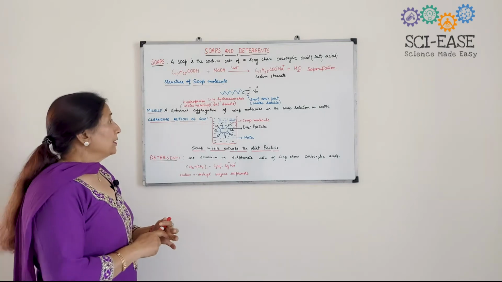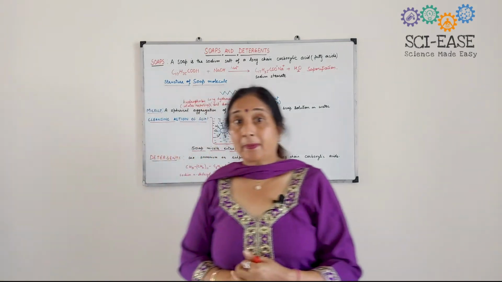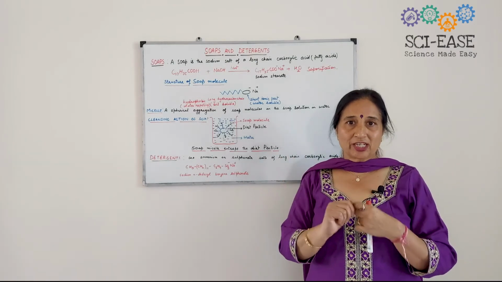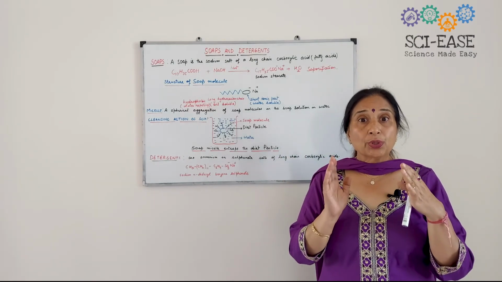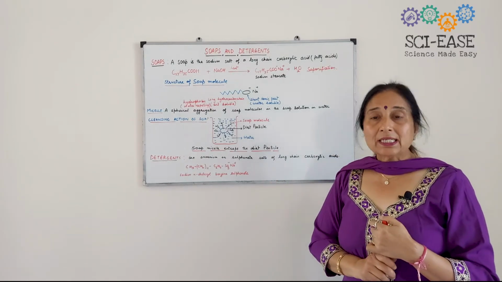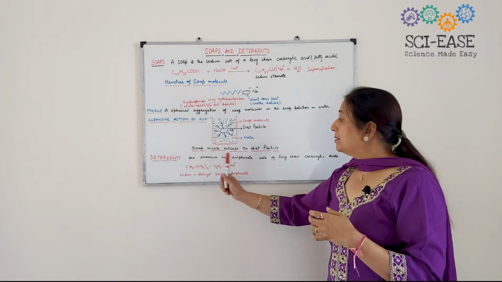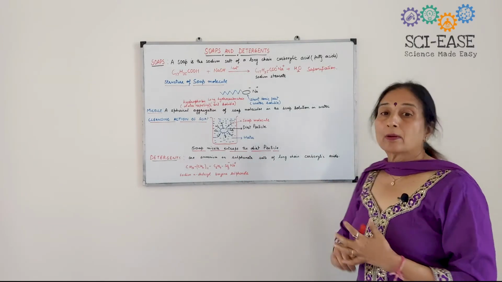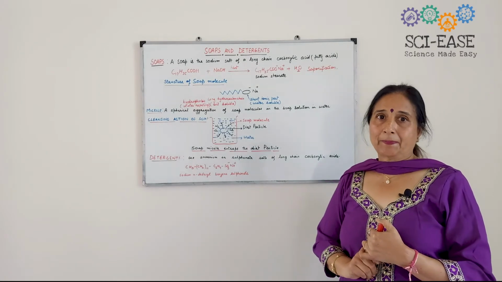Now, next thing. Sometimes a comparison between soap and detergent is asked, so we should know what detergents are. Detergents are the ammonium or sulfonate salts of long chain carboxylic acids.